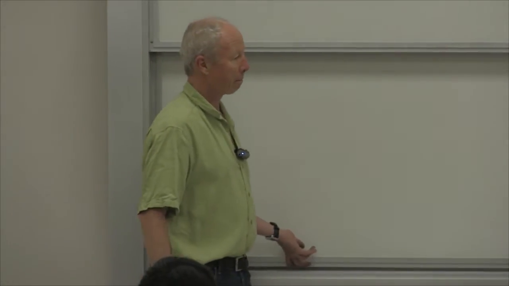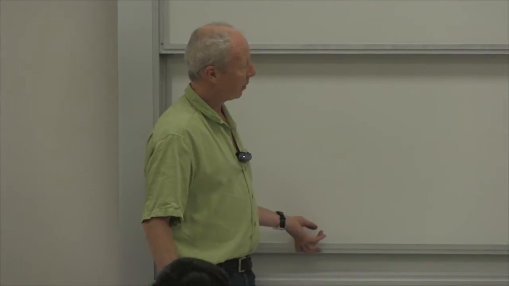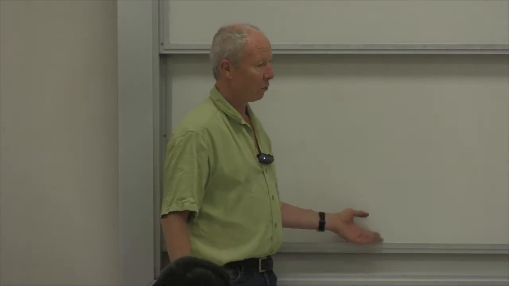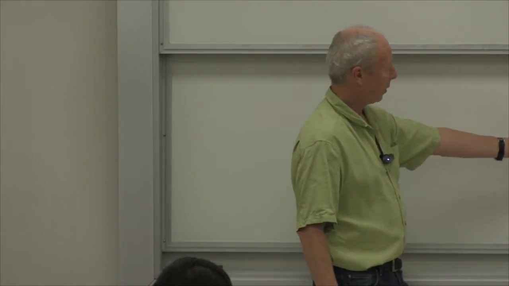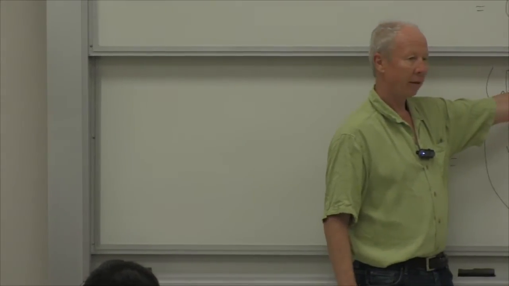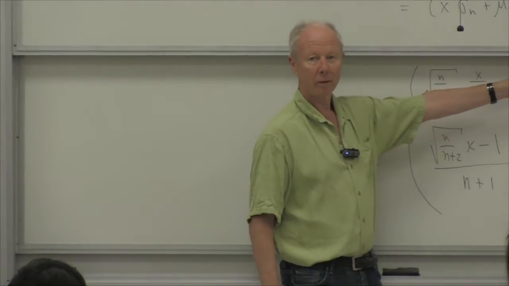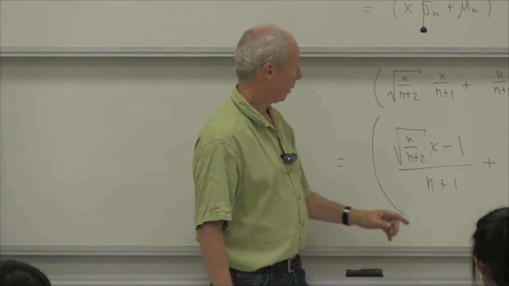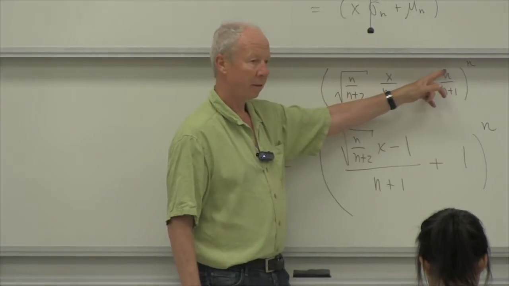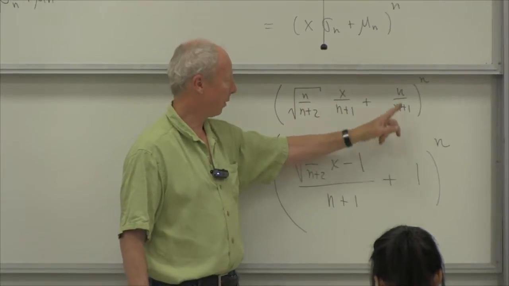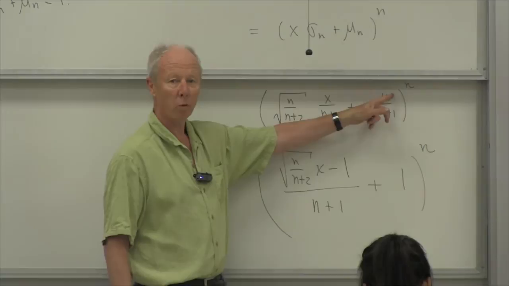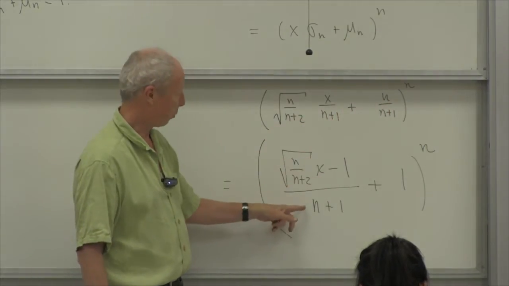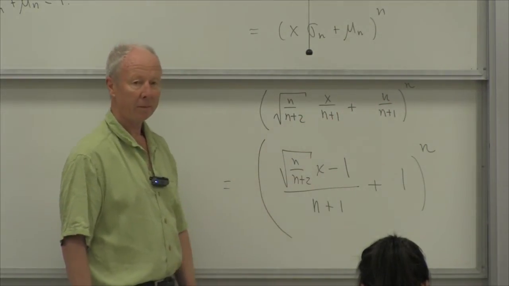Can you see that? So the way to get from here to here is add a 1 here in the numerator and subtract a 1. If I add a 1, n plus 1 over n plus 1 is 1. And if I subtract a 1, that gives me minus 1 over n plus 1, which I put over here. Okay?